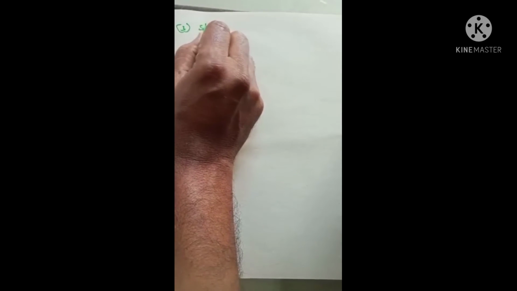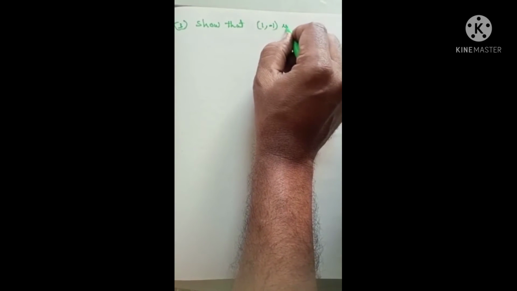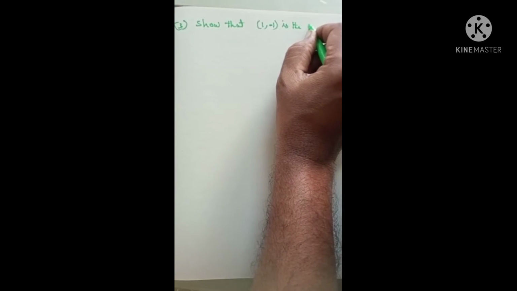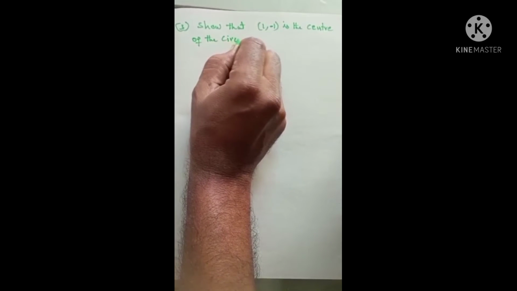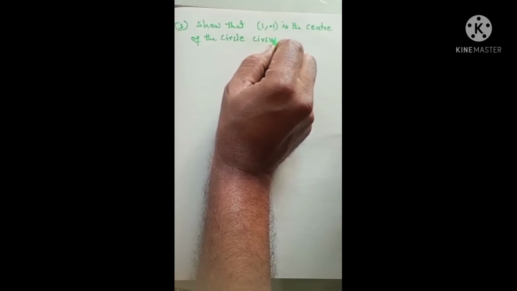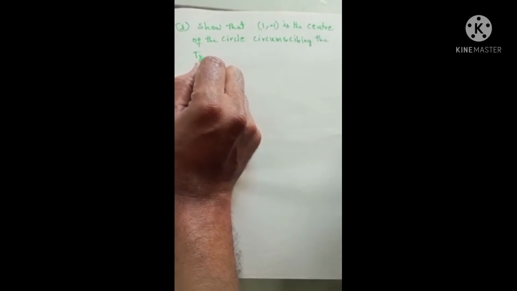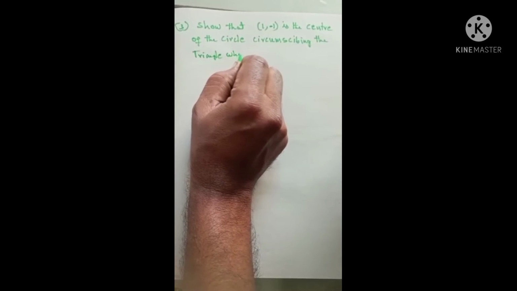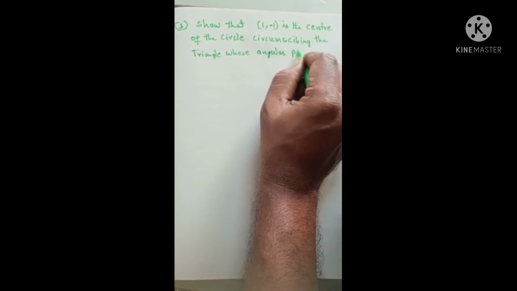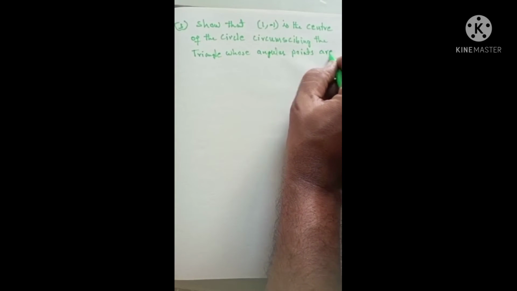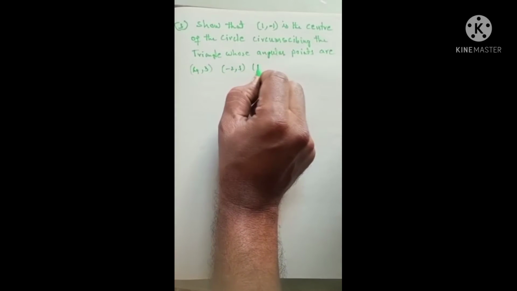Show that 1 comma minus 1 is the center of the circle circumscribing the triangle whose vertices, or angular points, are 4 comma 3, minus 2 comma 3 and 6 comma minus 1.